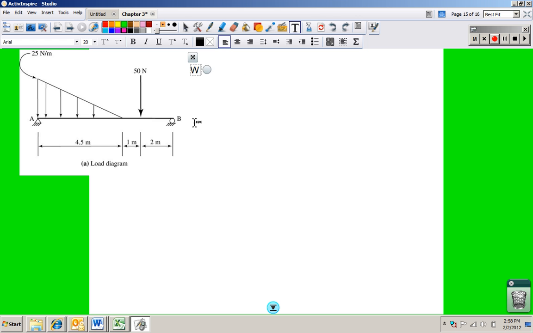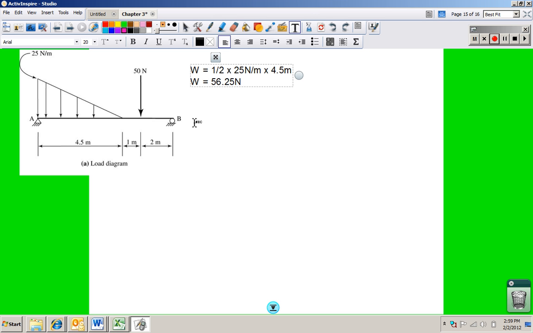It is going to be equal to 1/2 times 25 newtons per meter times 4.5 meters. And when I do it in my calculator, I get 56.25 newtons.